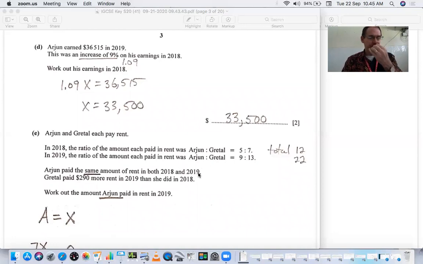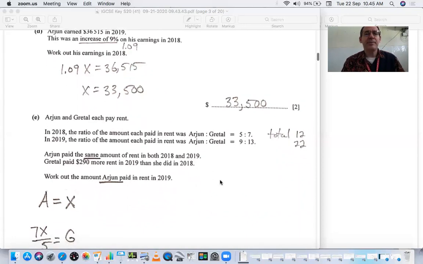Letter E. Arjun and Gretel each pay rent. In 2018, the ratio of the amount each paid in rent was Arjun to Gretel, 5:7. In 2019, the ratio of the amount each paid in rent was Arjun to Gretel, 9:13.